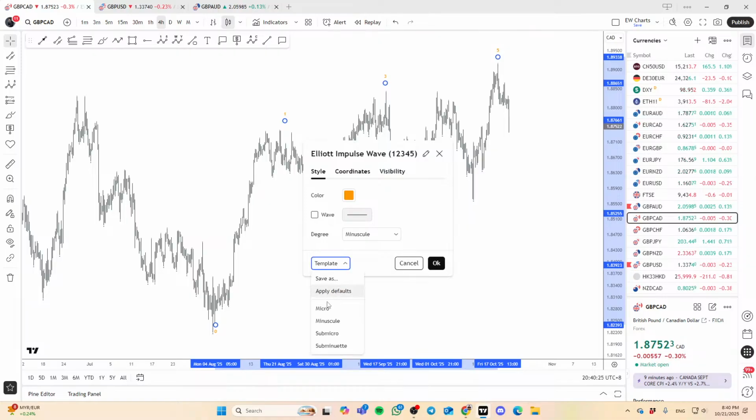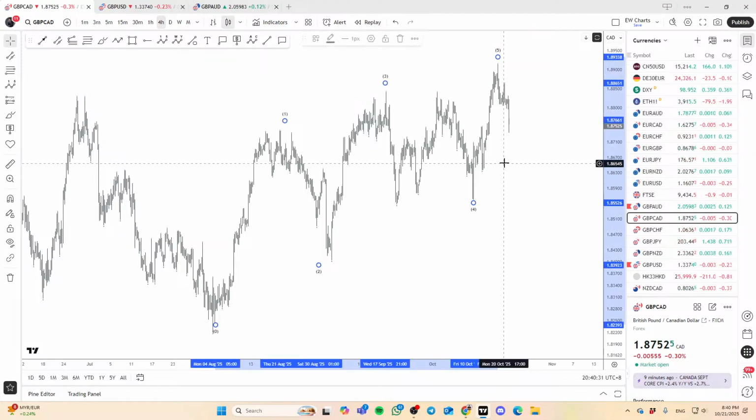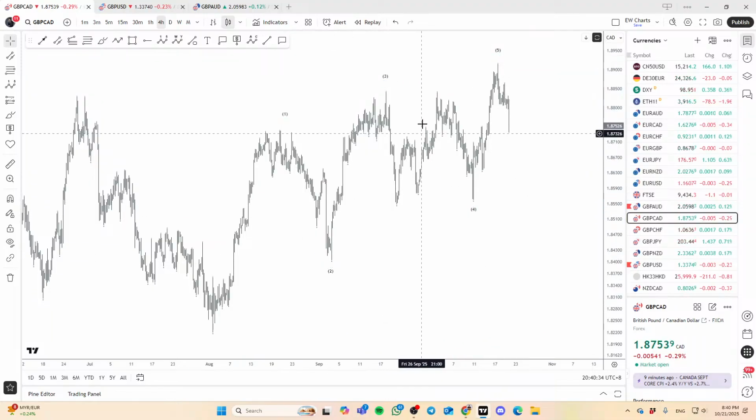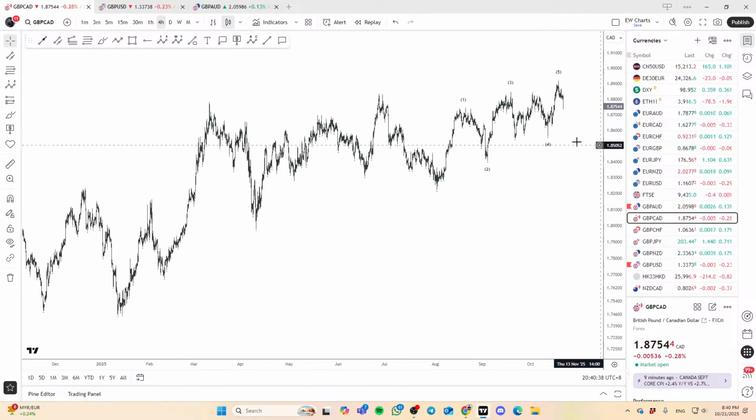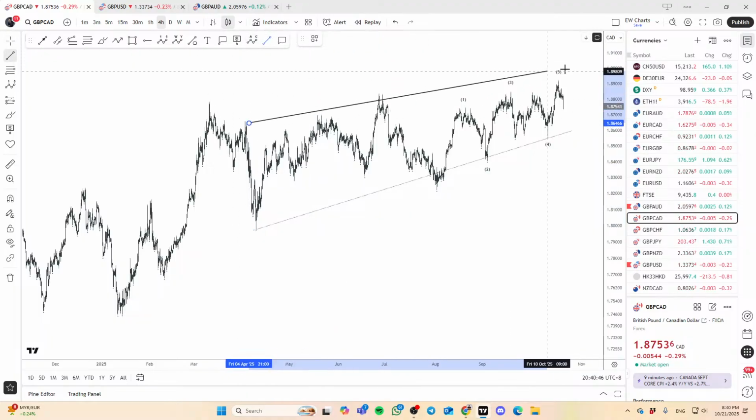Whether this is a five-wave move, or a bigger kind of structure degree itself, generally this entire leg looks very, very corrective.